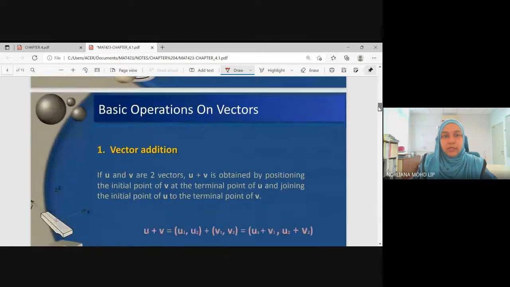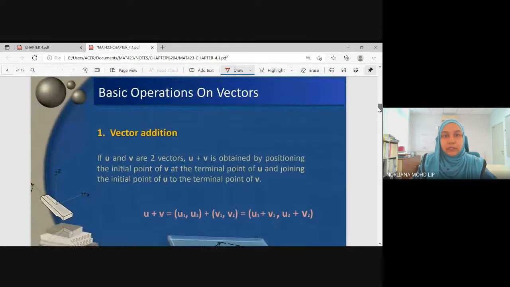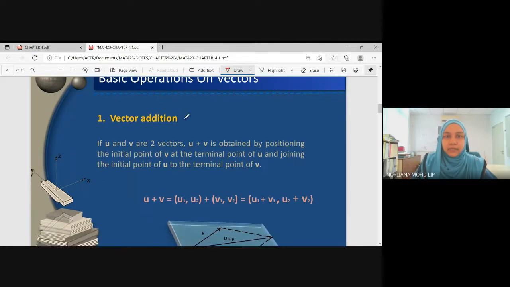Now we look at the basic operation on vector. First we look at the vector addition, plus symbol. If u and v are two vector, u plus v is obtained by positioning the initial point of v at the terminal point of u and join the initial point of u to the terminal point of v.